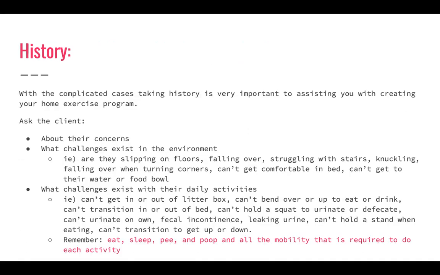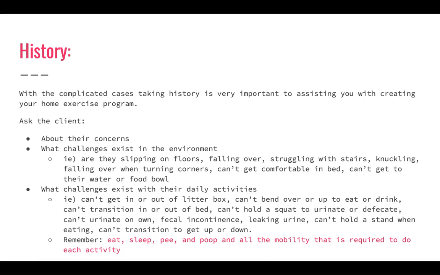The first strategy I utilize a lot is thorough history taking, and not just asking the standard questions that are in our record already, but being specific about the client's concerns. So when I take history, I ask clients, what are their main concerns? What challenges exist in the environment?